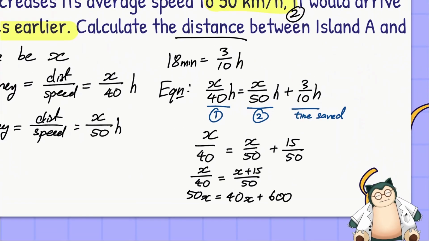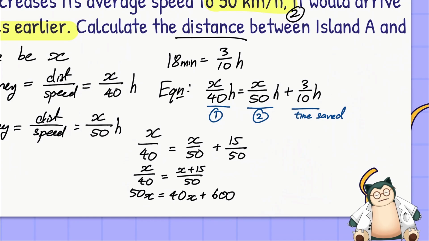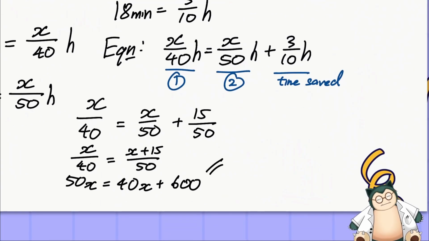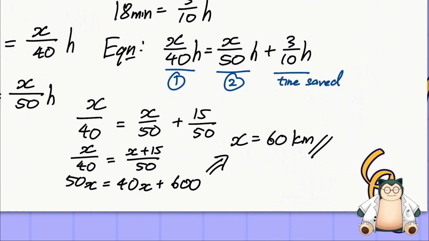Okay, I don't have space, so let me just move this around. And then lastly, what I should get is x equals to 60 kilometers. Alright.